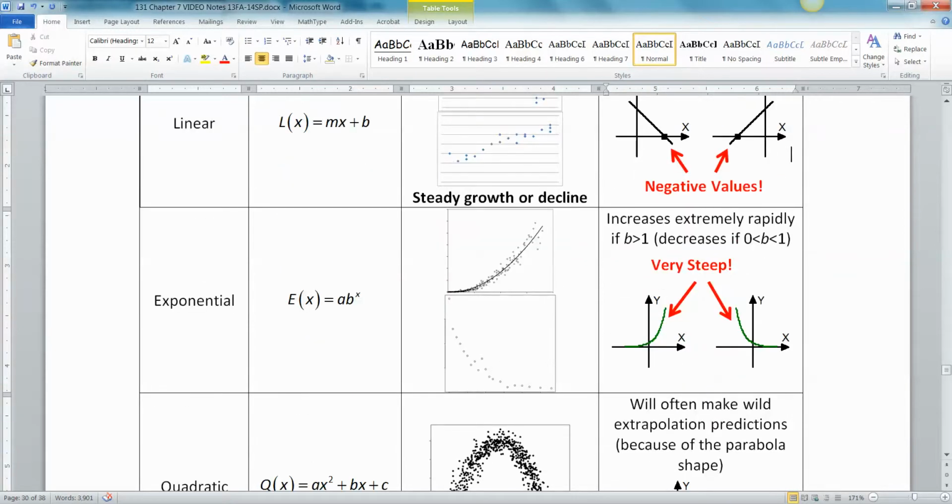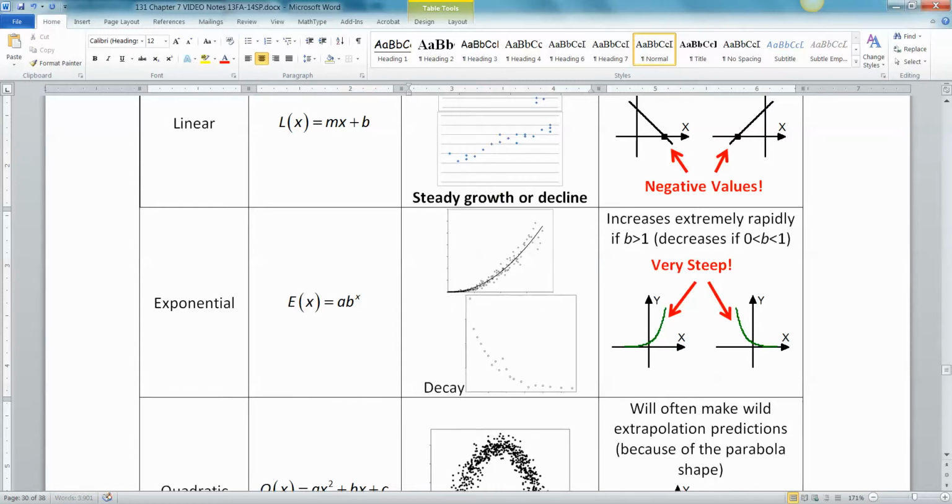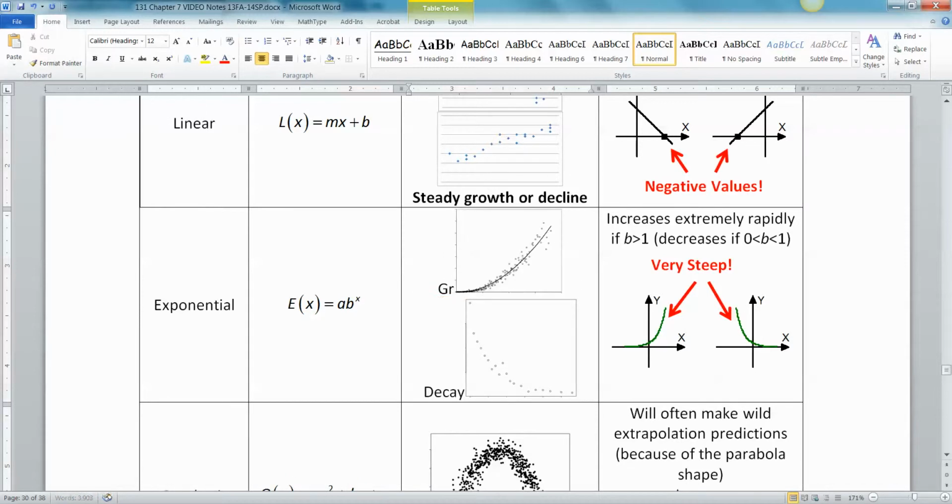All right, then what about exponential growth? Okay, so exponential, you have growth and decay, if you recall those two basic types. So this is decay right here, and this is growth over here. Exponential growth, exponential decay, very useful things.